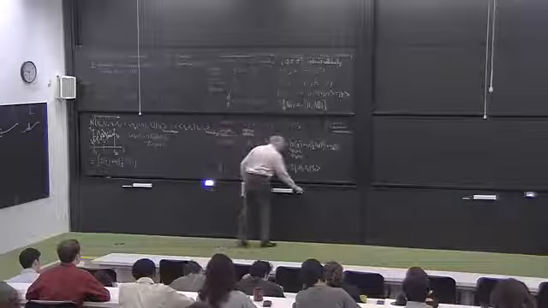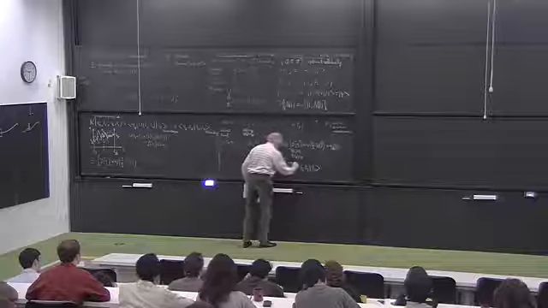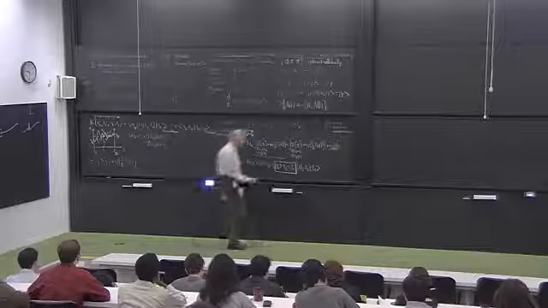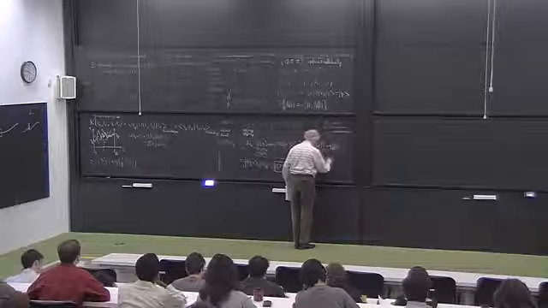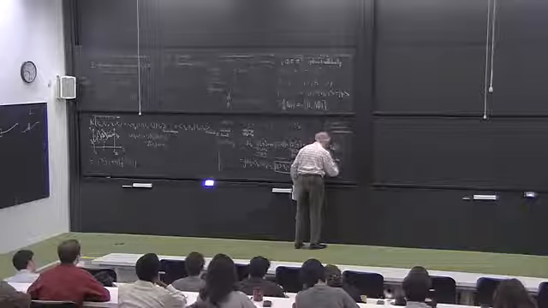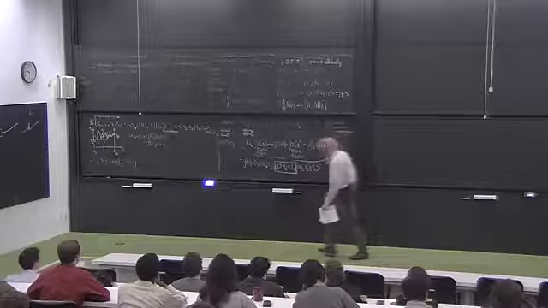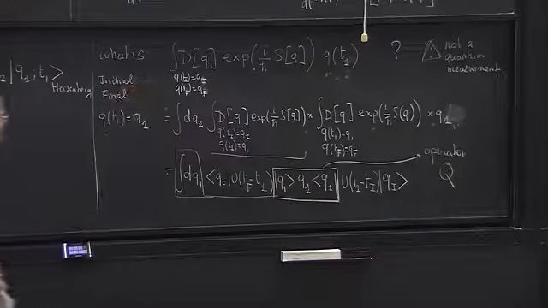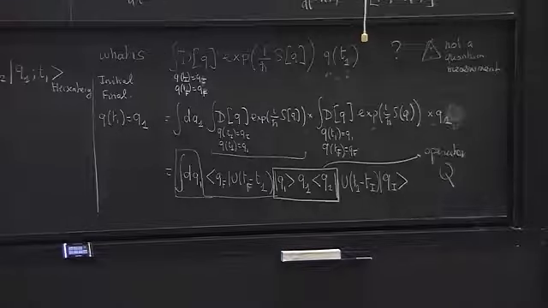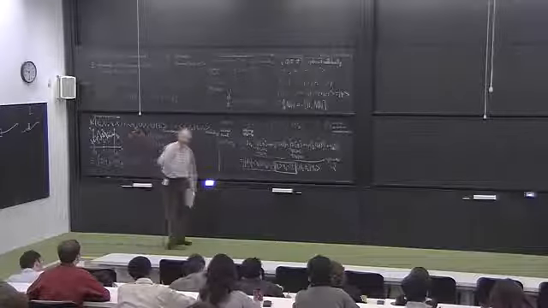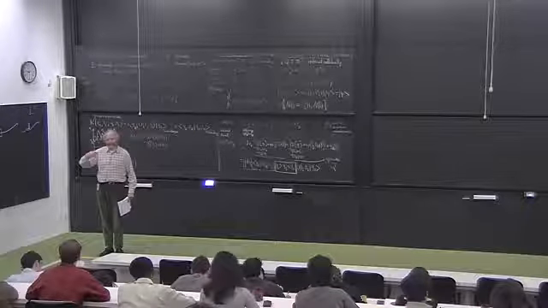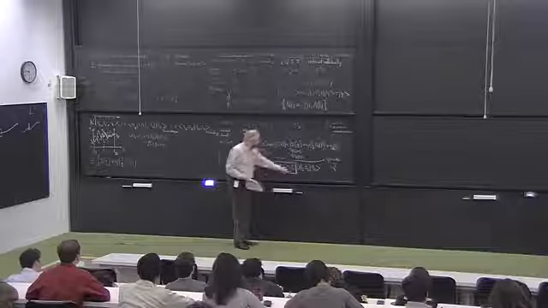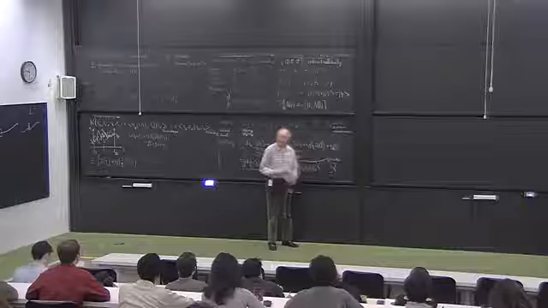But now, what is this object? This is nothing but the operator Q. Well, if I integrate, you see now you can integrate, because you have the decomposition onto the position eigenstates of Q. This is just a diagonalization of the position operator. You see.